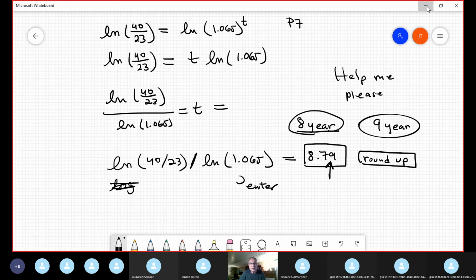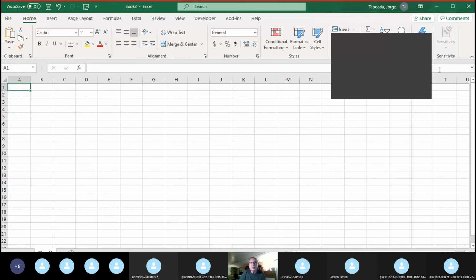In my opinion, this is fantastic to understand the compound interest. I open a new Excel spreadsheet. Let me share the screen. Can you see the thing I want to do? Microsoft Excel. I want to investigate this problem in Microsoft Excel.